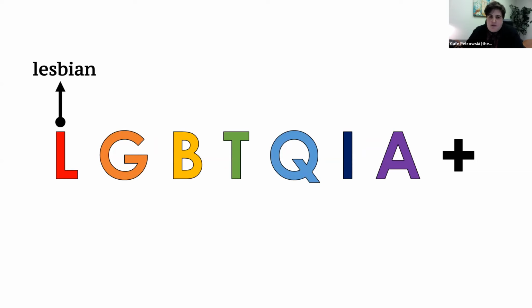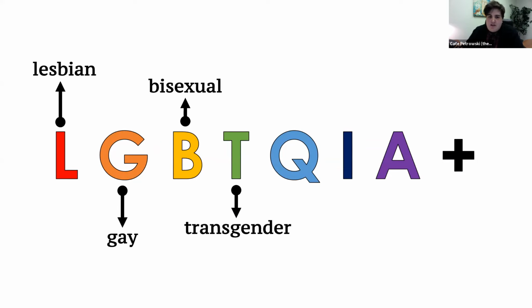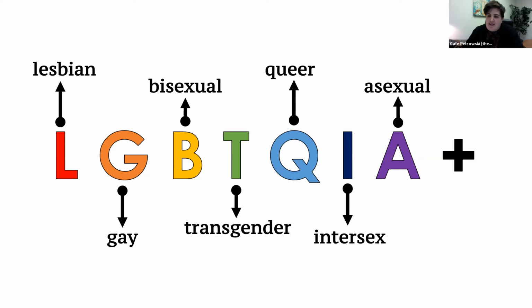The L refers to lesbian, G for gay, B for bisexual, T for transgender, Q for queer, I for intersex, A for asexual, and plus just to include all the wide variety of identities that folks might identify with.